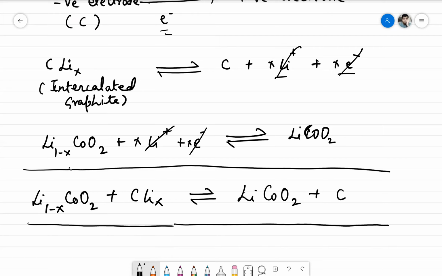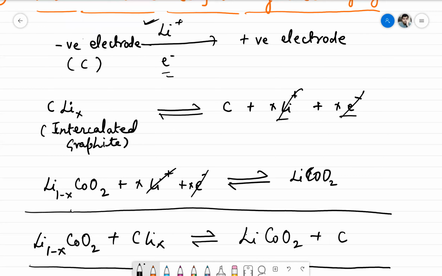Now what is happening during discharging? The lithium ions flow from the negative electrode to the positive electrode through the electrolyte, and electrons also flow from the negative electrode to the positive electrode through the external circuit. After charging, the graphite becomes intercalated graphite because of the intercalation of lithium ions between the layers of graphene.